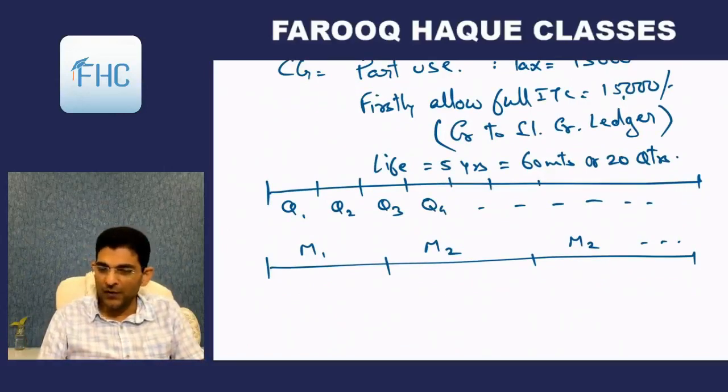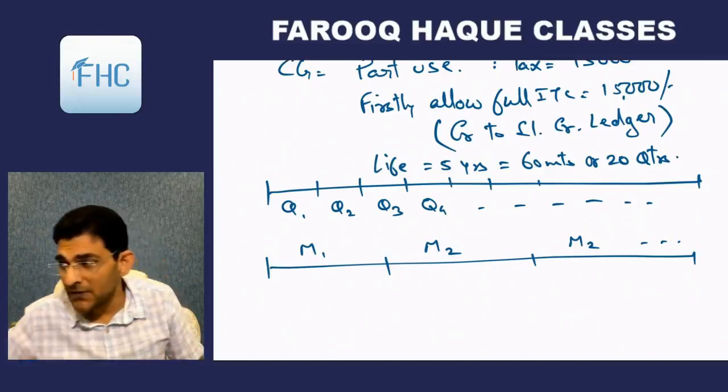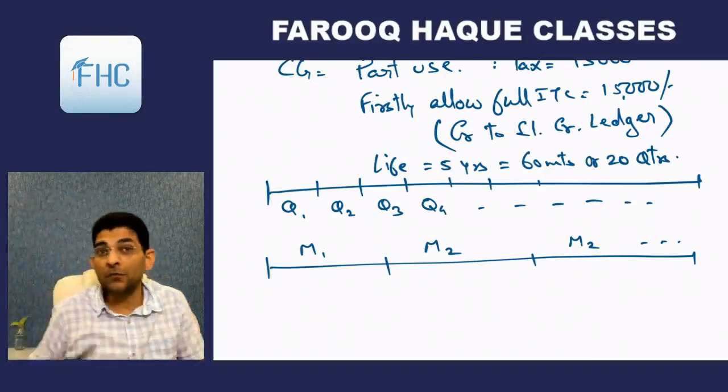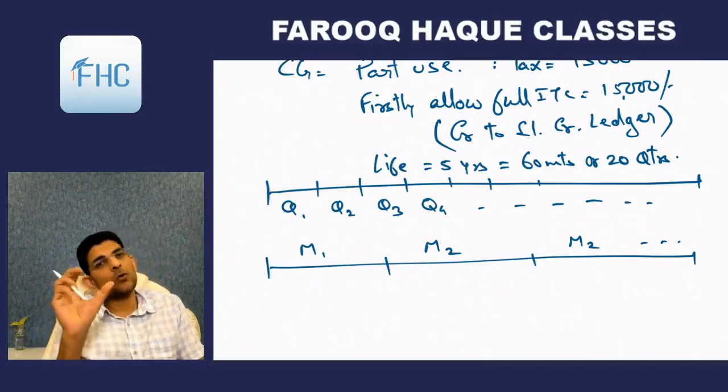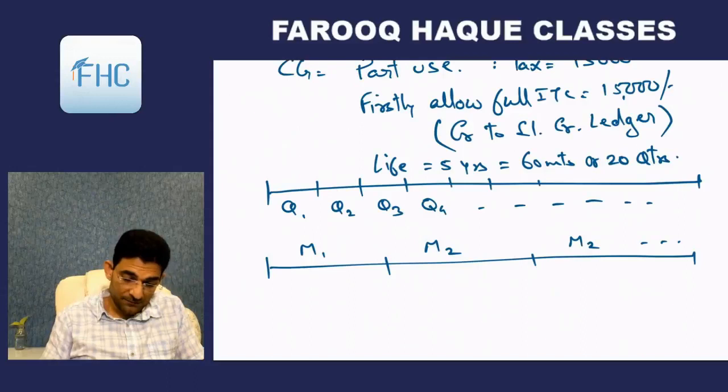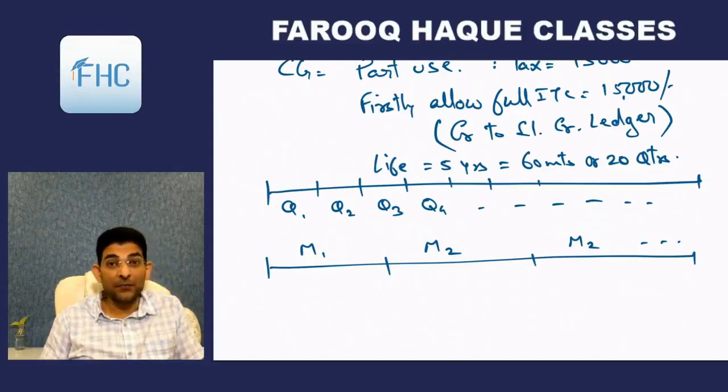Okay, full credit allowed 15,000. If I divide 15,000 in 60 months, it means amortize, the concept of depreciation or amortization. 15,000 is the total credit of an asset which is going to be used for 5 years. So if I amortize this 15,000 in 60 months, 15,000 divided by 60 gives me 250 per month.